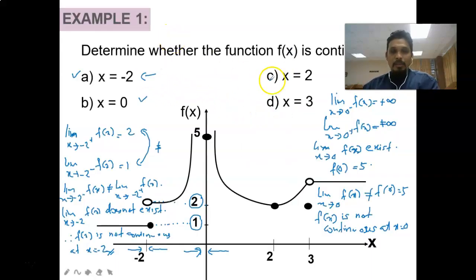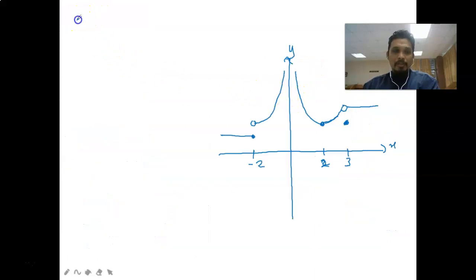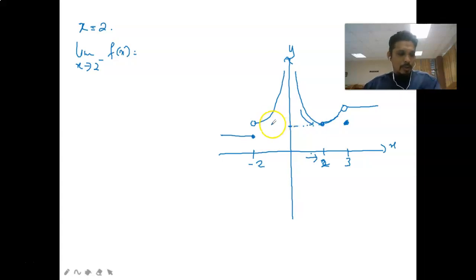Okay, so x equal to 2 and x equal to 3. When x equal to 2, the limit as x approaches 2 from the left of the function f(x), look at this one here now, as x approaches 2 from the left, the graph approaches a value of y equal to 2.